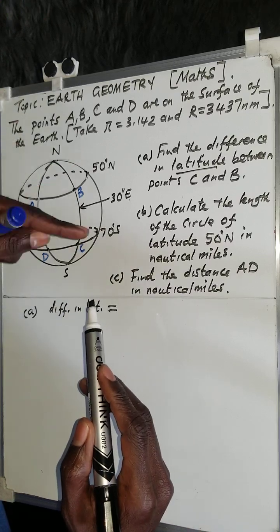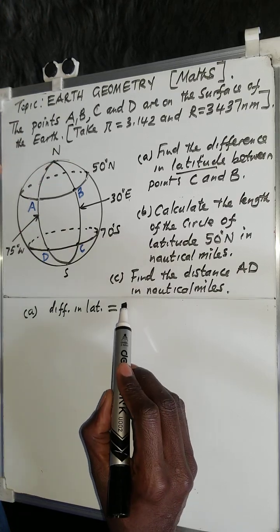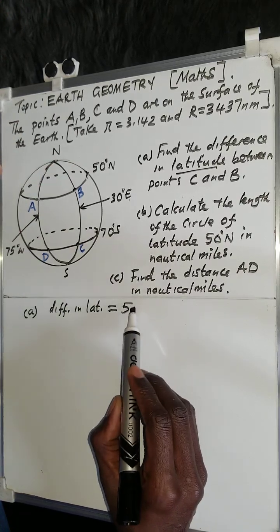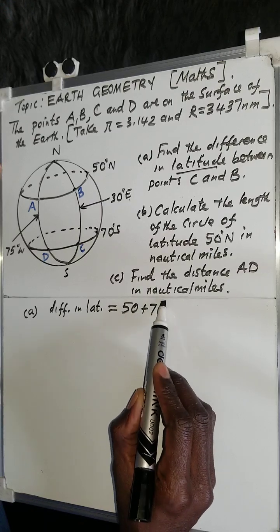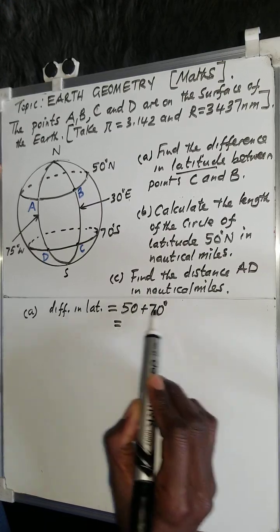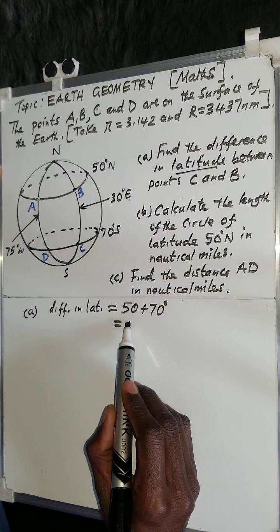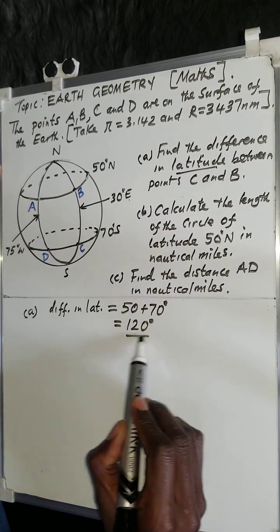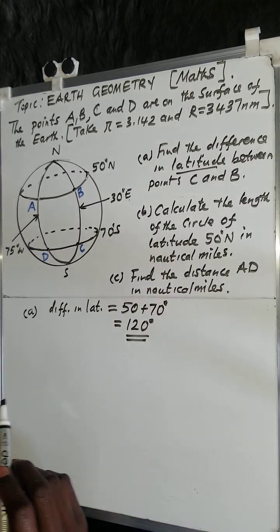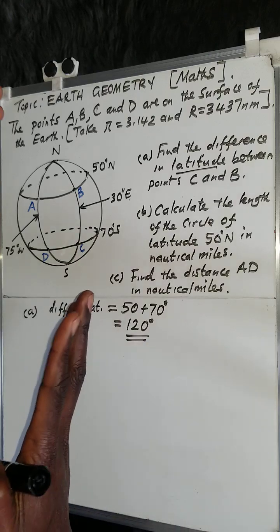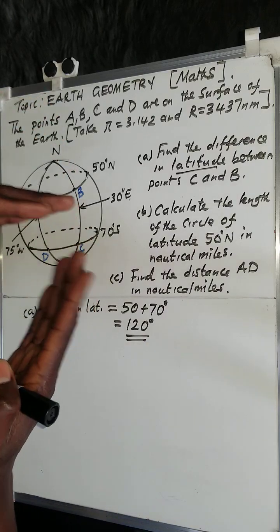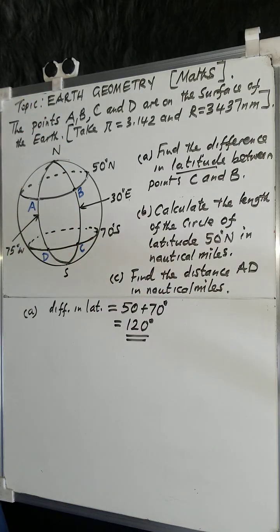If they're on opposite sides of the equator, what do you do? You definitely add. So that would be 50 plus 70 degrees, which is simply going to give you 120 degrees. So that is the difference in latitude. Remember, if the two points are on the same side, maybe north north, south south, you subtract. That's the idea about that.